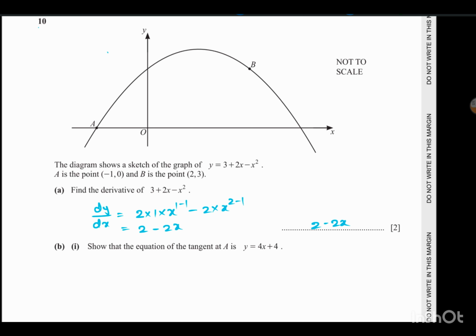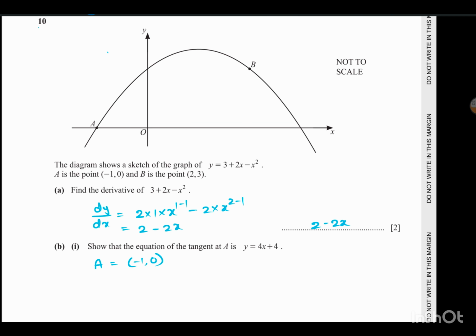Question B. Show the equation of the tangent at A is y is equal to 4x plus 4. So here you have to show this equation as y is equal to 4x plus 4 at A. So A, what is the point given here? A is equal to minus 1 and 0.